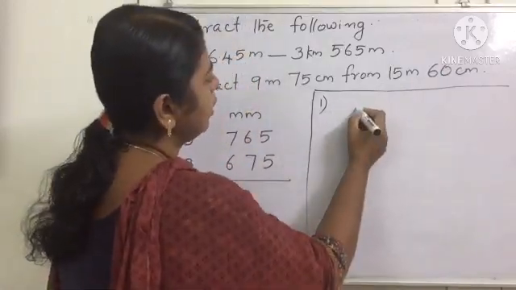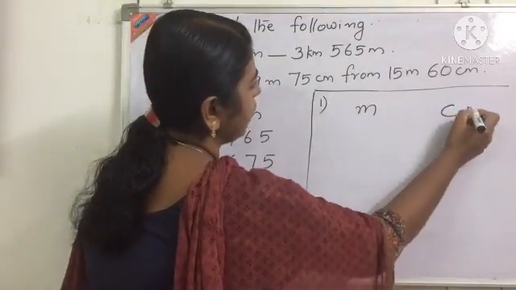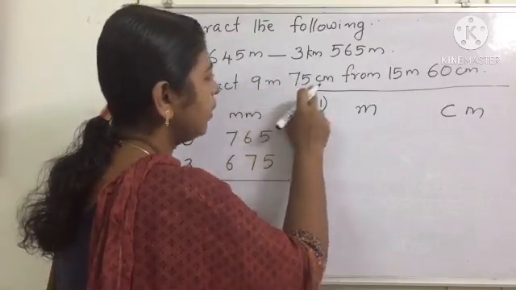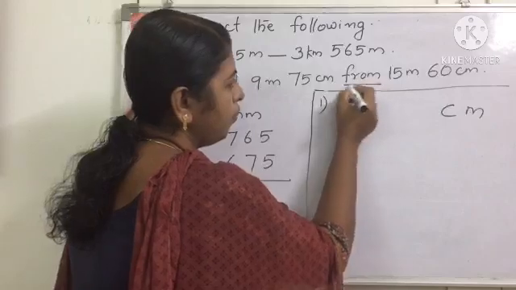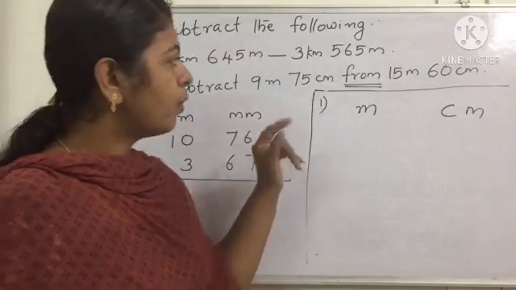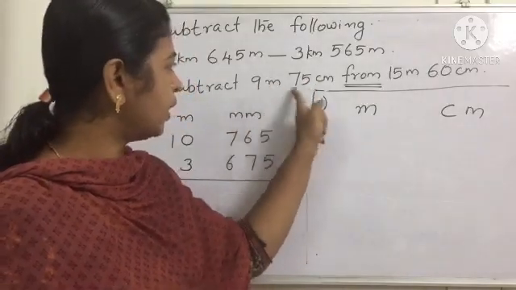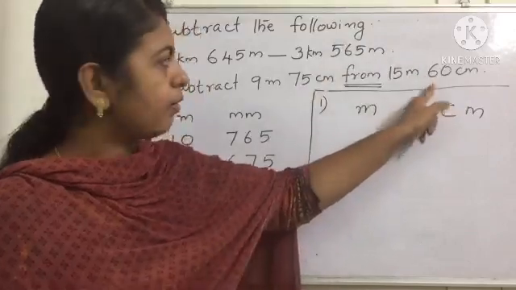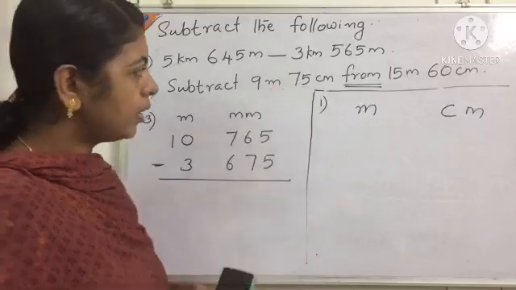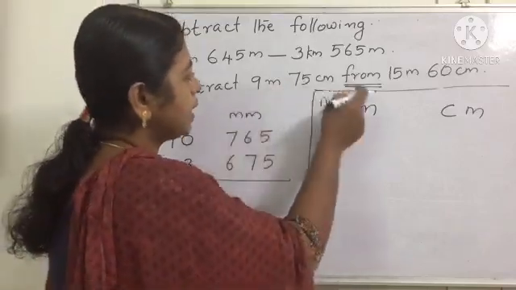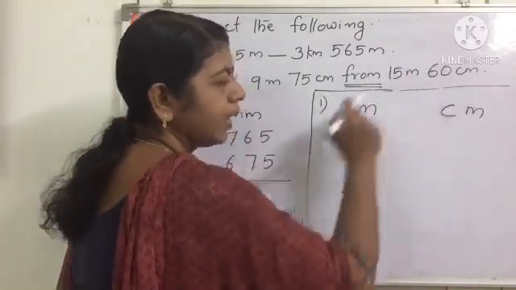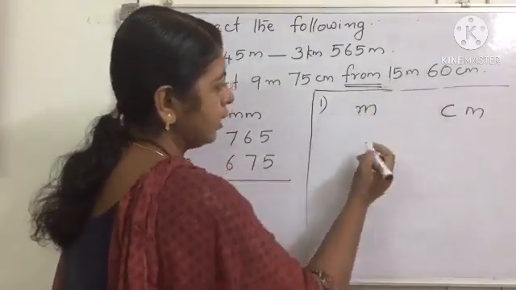In subtraction, when "from" is there, we first write the second number, so we subtract the first number from it.